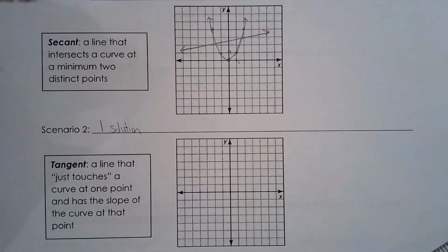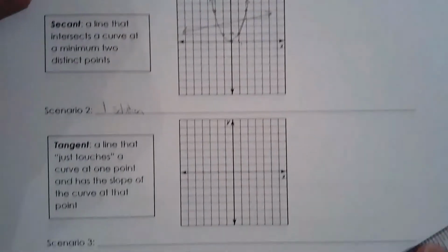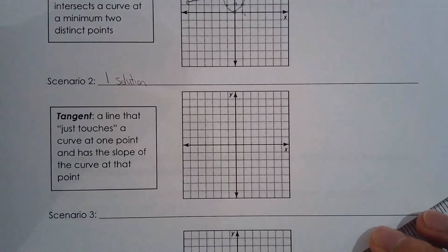So try not to forget the name. We won't spend too much time on it, but I would argue you've seen the secant line in grade 9, when you talk about rate of change. But let's just move on and talk about the next scenario, which is the tangent line.